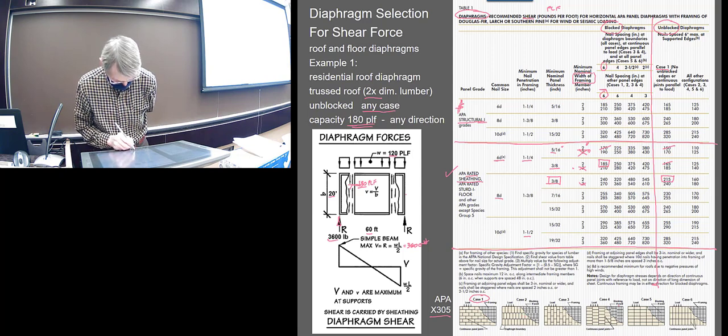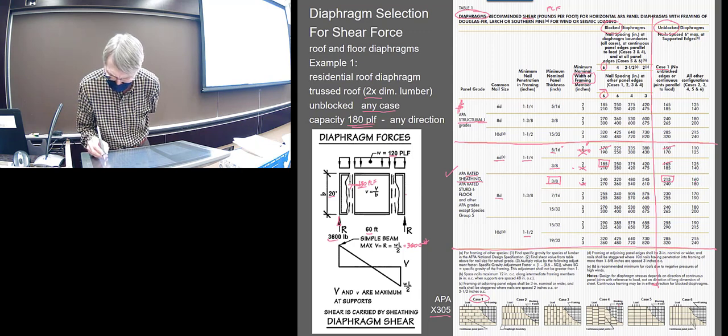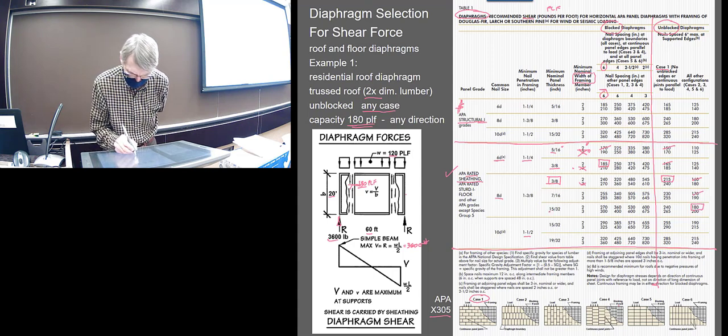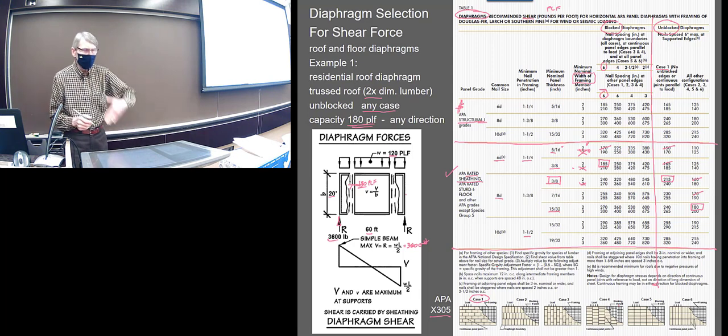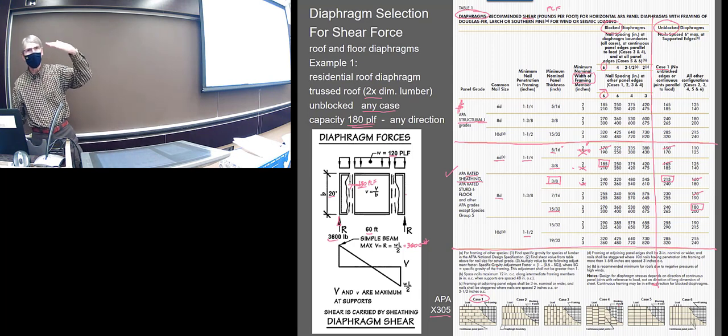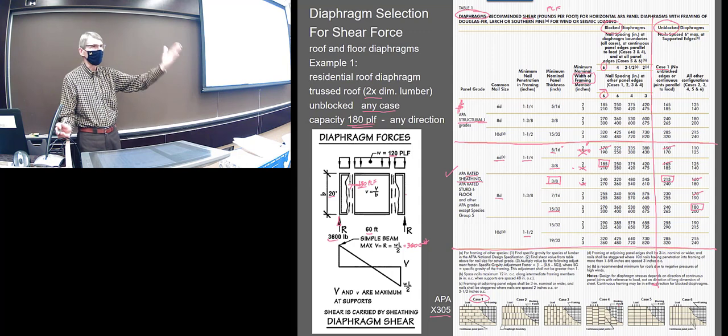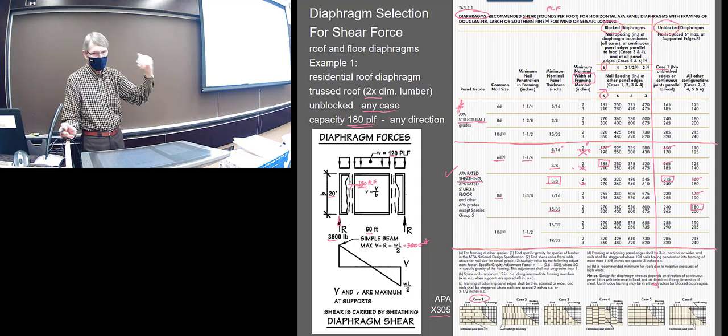If it maybe was one of these other cases, then I'd have to go a little bit further. That one would fail. That would fail. I'd have to come down here. So that would be that one. So depending on, you can see you've got your choices then, what case it is, and whether it's blocked or unblocked.